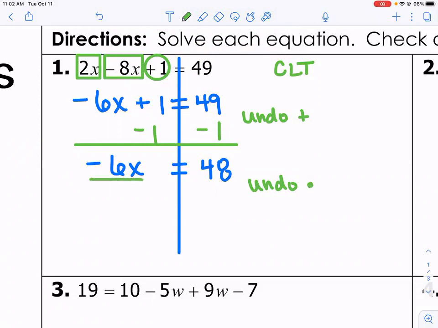Okay, see, you don't need your friends to help you. So when we have our negative 6x divided by 6, the whole point is so that those cancel out and we have x equals negative 8. Kinley says negative 8. Do you agree?